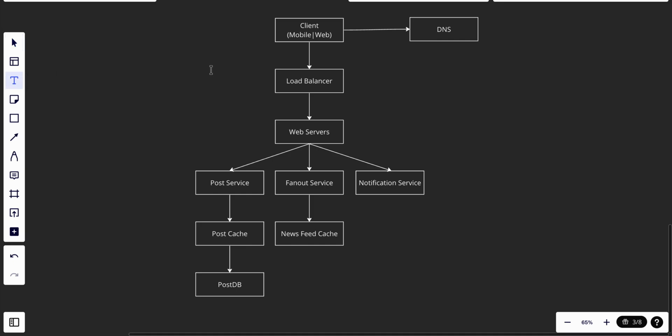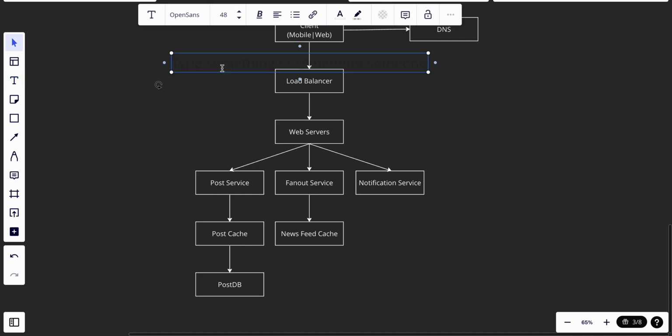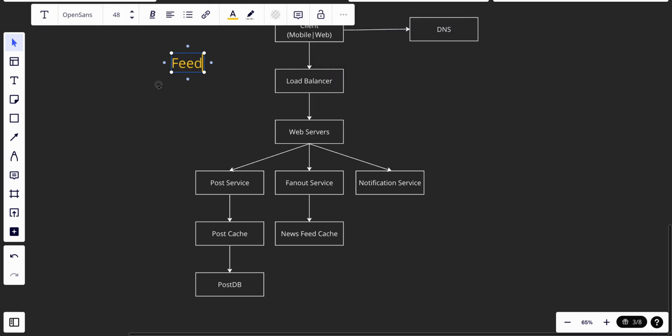Let's just give it a color and say that this is the feed publishing.